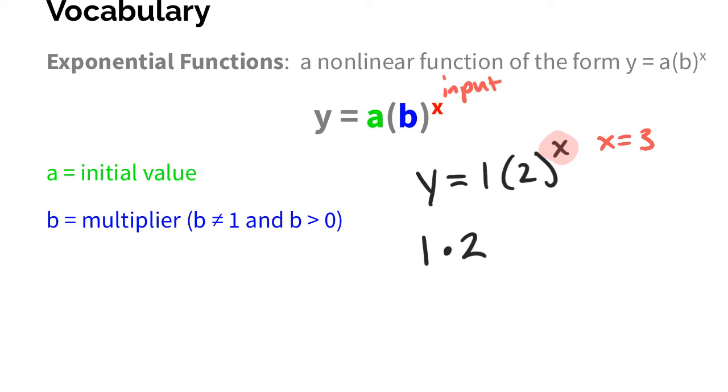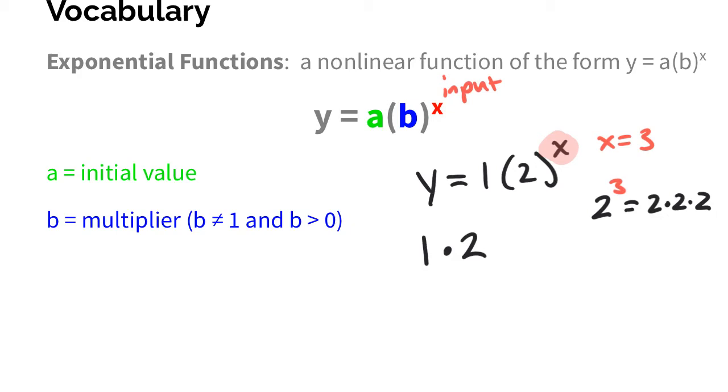When you have an exponent, say 2 to the third power, what exponents represent is how many times I'm going to multiply this base number, the base number being a 2, by itself. So 2 to the third power literally means 2 times 2 times 2.